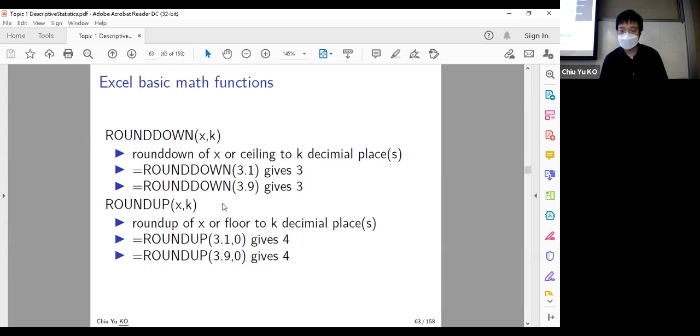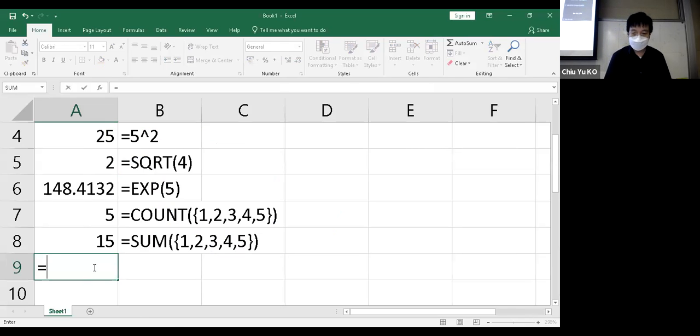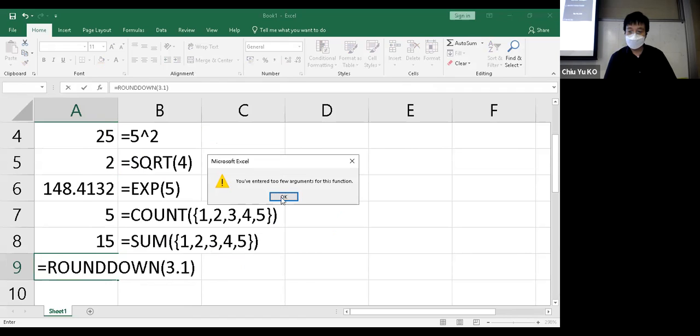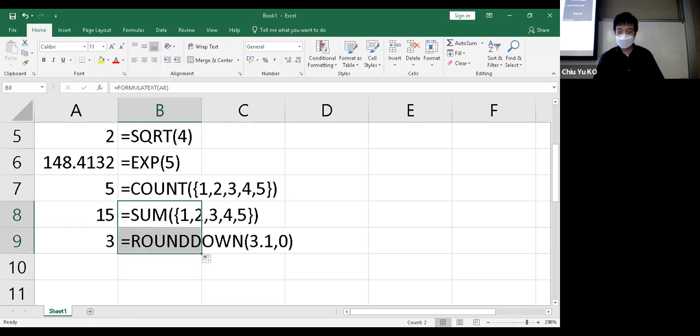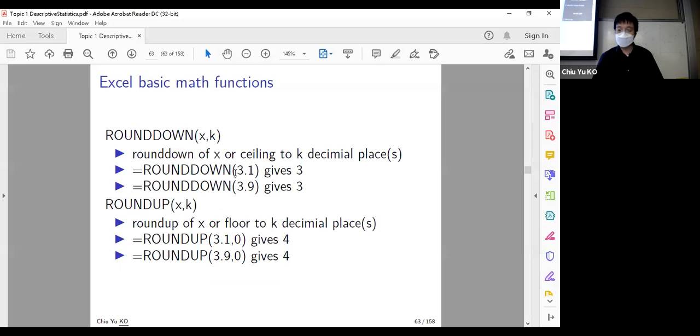I know it's too trivial, but if you ROUNDDOWN 3.1, you have to enter the number of digits. For our case, you always round down to the integer, so just 0. Sorry, I should have a comma 0, like what I'm doing here.